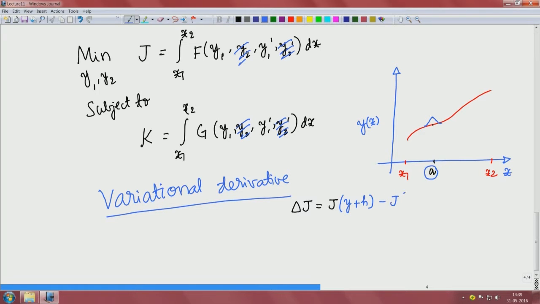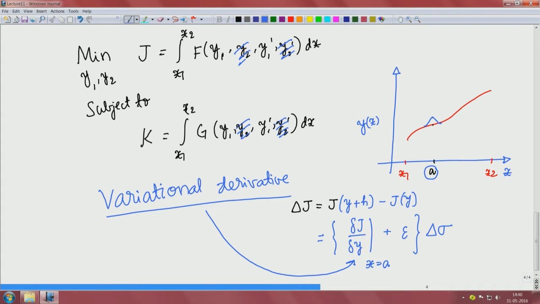If you have that and you subtract out the original one without it, this we had said can be written as the variational derivative delta J by delta y, evaluated at a particular value of x. So, if I change the function y of x at a particular value a in the domain, the change is delta J, which is this plus some small error times delta sigma. This delta sigma is this area.